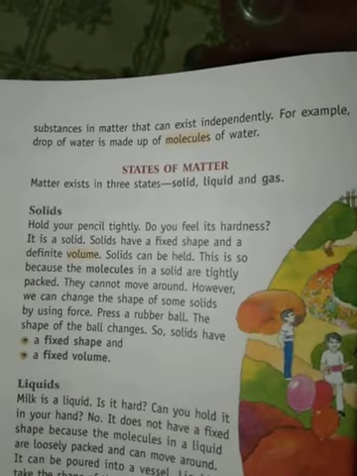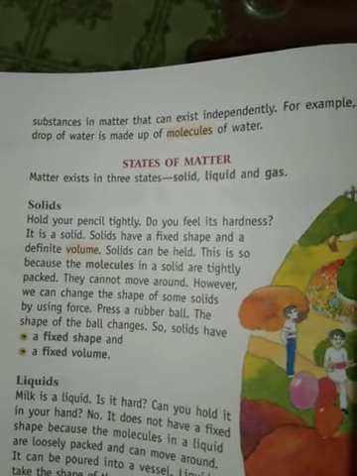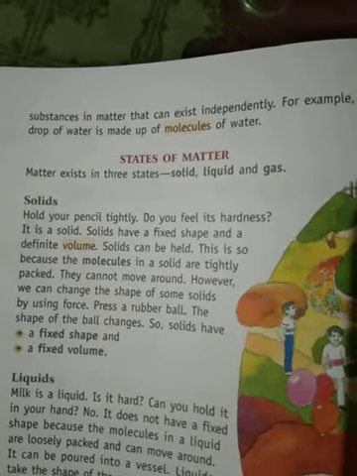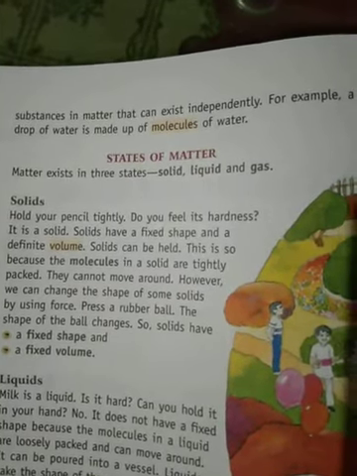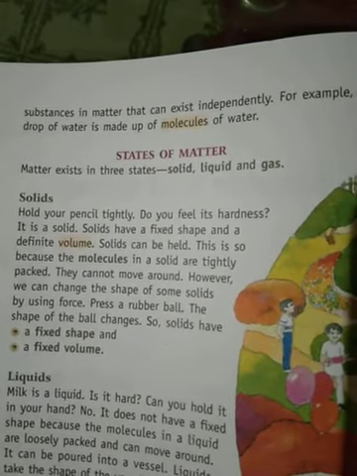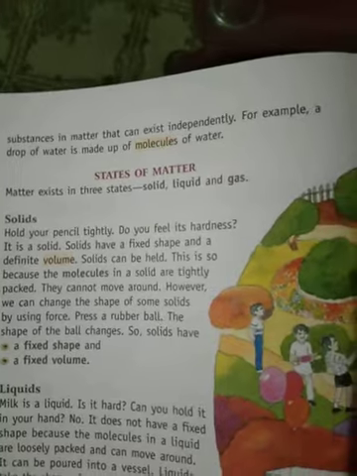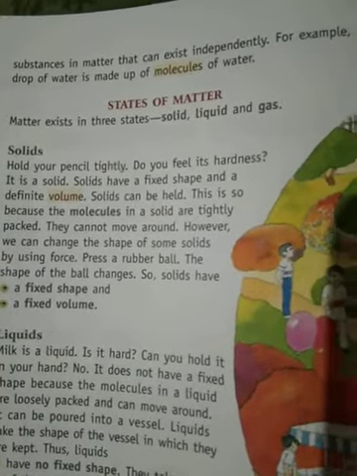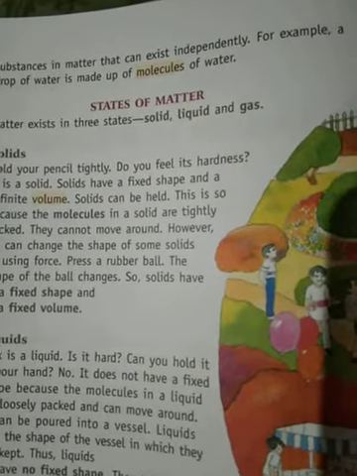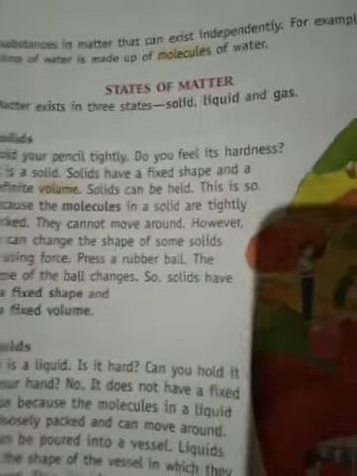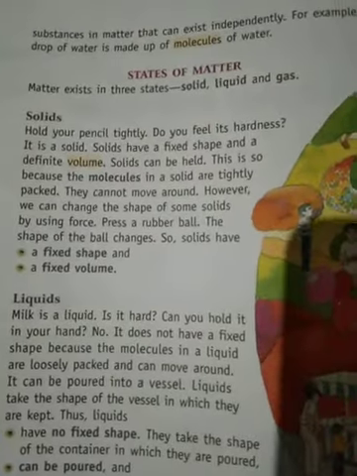And even smaller is a molecule of water. Several molecules of water get combined to form a single drop of water, and again, several millions of drops of water make a glass of water. Understood? So see how small it is.